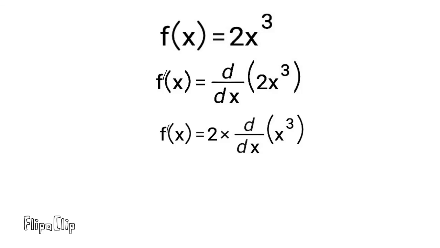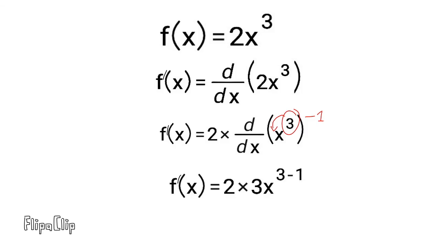It is like rule number 2. We'll have to multiply the exponent to the coefficient and subtract 1 from the exponent, so it will become 2 times 3x raised to the power of 3 minus 1. Multiply and subtract. Then our final answer is f prime of x is equal to 6x squared.